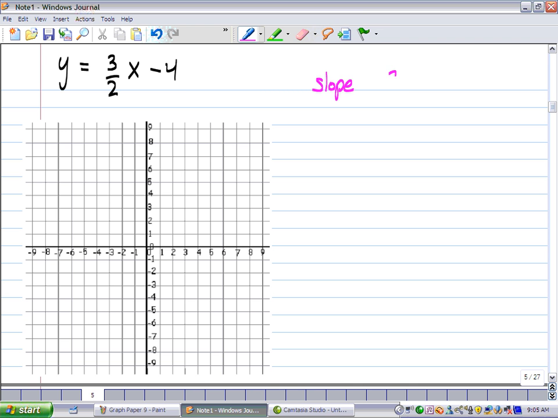Okay, the slope is 3/2, so I'm going to rise up, and I'm going to run to the right, and the y-intercept is -4, so I'm going to start here at -4. I'm going to rise up 3, and run to the right 2. So I'm going to get my point right here.